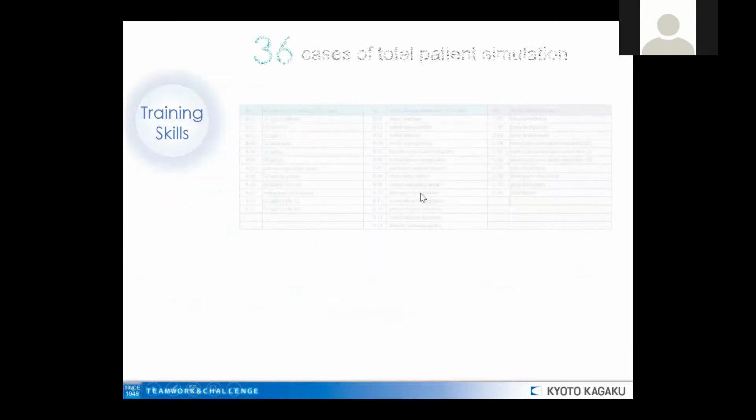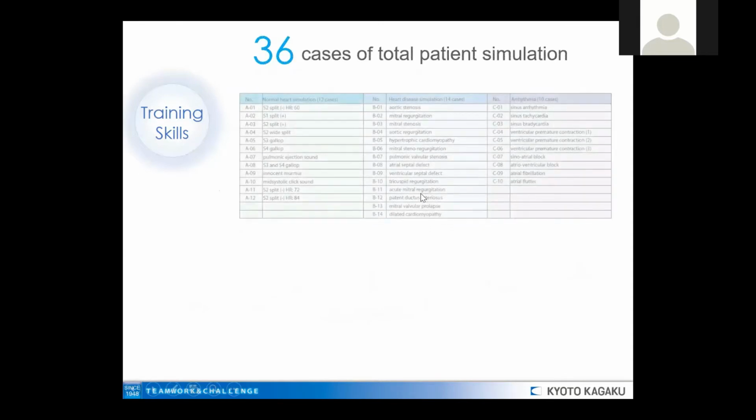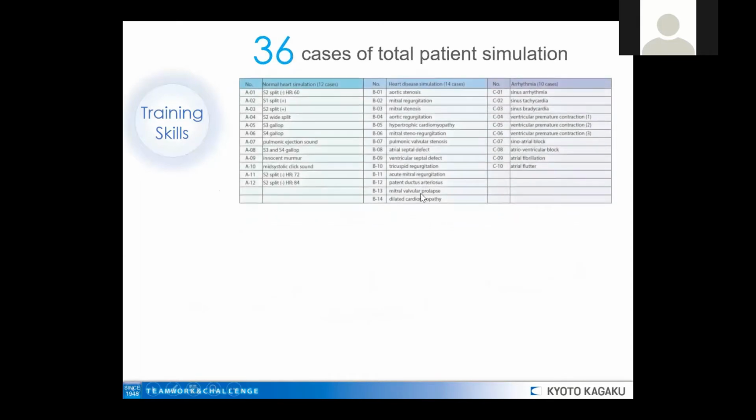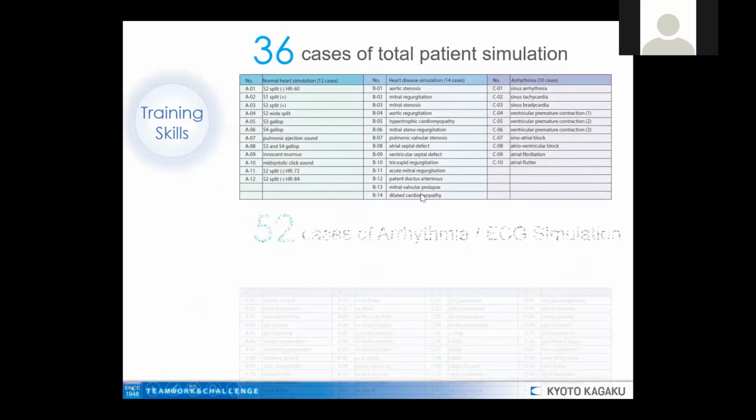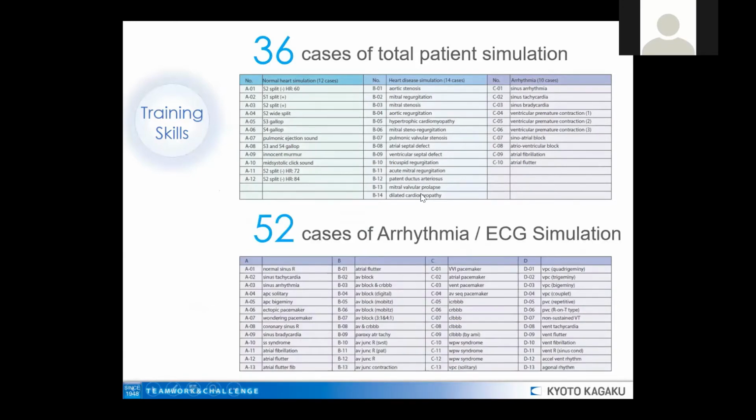First of all, we have all these cases that you are seeing here in the screen. 36 cases of sounds, and 52 cases of arrhythmia and ECG simulator. So all in total, we have, as you can see, 88 different cases.